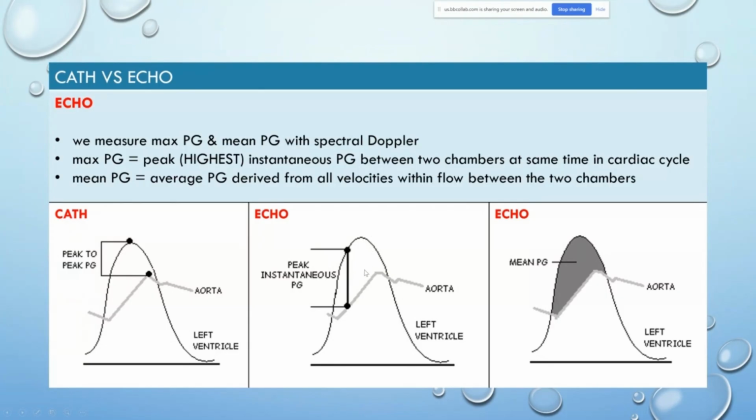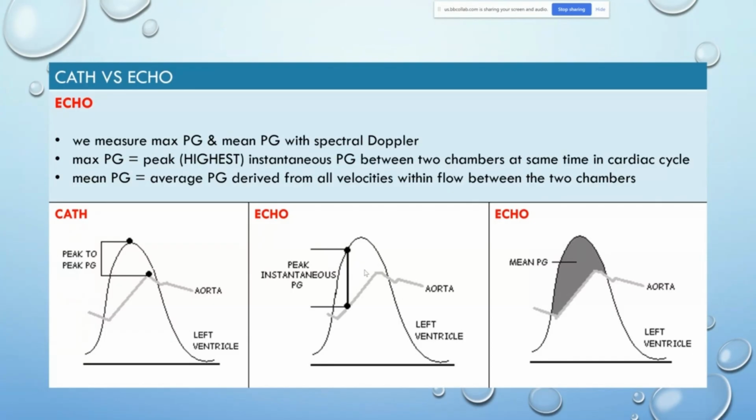So one more time, we measure maximum pressure gradient and mean pressure gradient in spectral Doppler. That's when you use the pulse wave Doppler and the continuous wave Doppler. The maximum pressure gradient is going to give you that peak number. That is the highest number of how fast the blood is currently traveling, and that pressure gradient between the two chambers, the left atrium versus the left ventricle, or the left ventricle versus the aorta, depending on the time in the cardiac cycle that you're in.